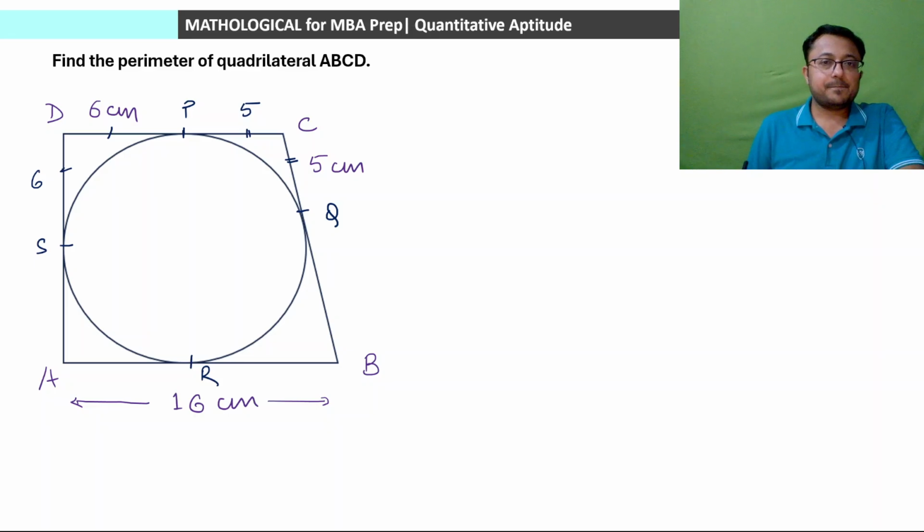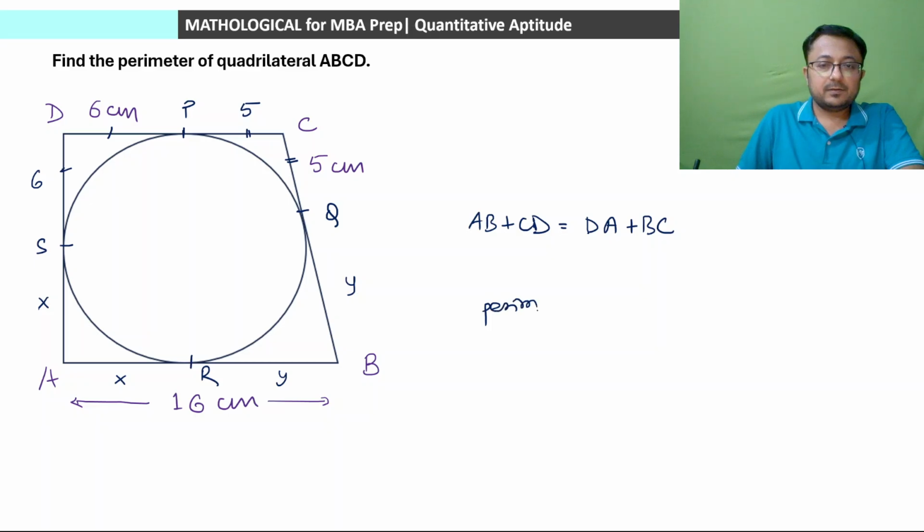Okay, clear? If AR is equal to X, so SA will also be X, and if RB is equal to Y, then QB will also be equal to Y. And as we know that AB plus CD is equal to DA plus BC. तो perimeter क्या आ जाएगा?